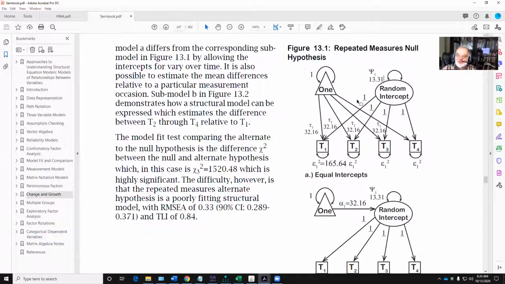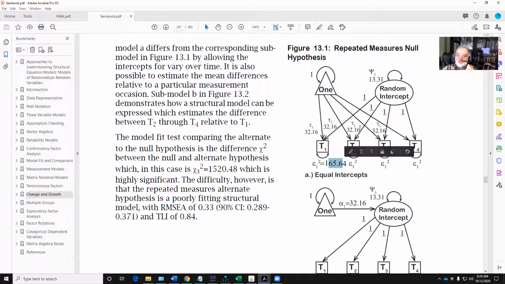If we were to talk a little bit about measurement models, this model says that there's a strict measurement invariance property, and that's nothing more than saying that the loadings here are 1 over the course of time, and the error variances are the same. So if by the tracing rules we calculate the variance of T1, it's going to be 1 times 1331 times 1 plus 165.64.